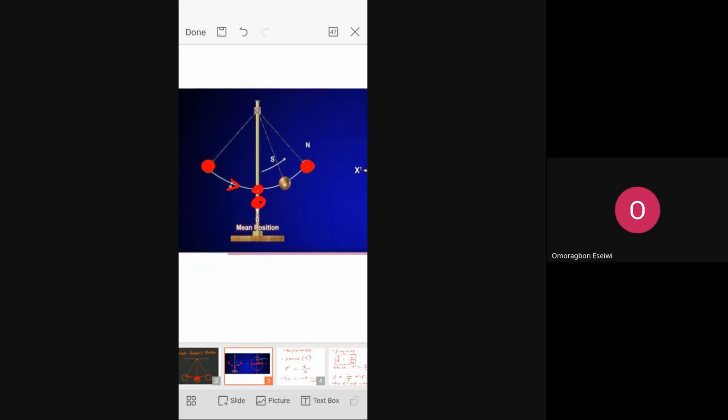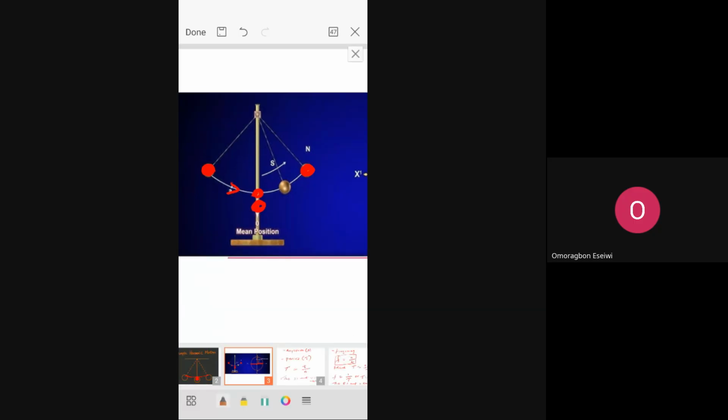They want us to find the acceleration here at the middle, and the acceleration at this end. Now remember, at the center, x is 0.